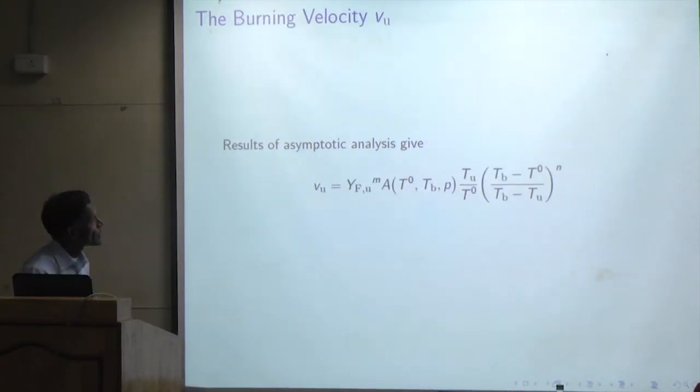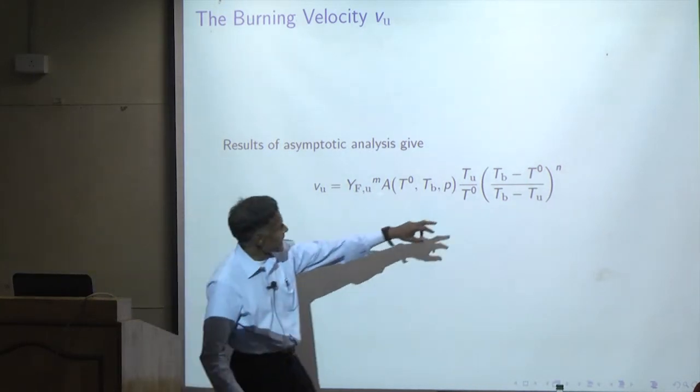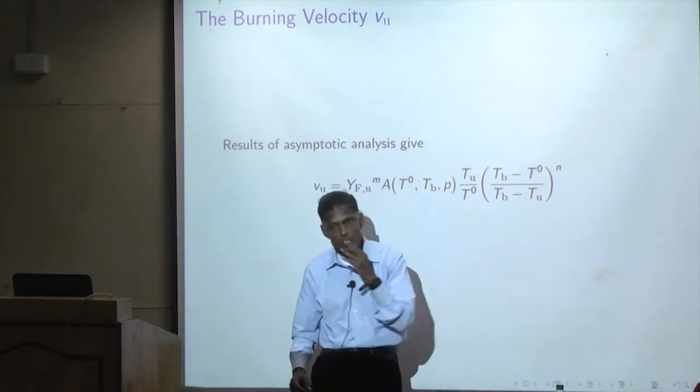Now it turns out that if you do all the asymptotic analysis, the burning velocity takes a very simple form. It's given by this expression. Here you can see that this is the interesting grouping: the adiabatic temperature minus the crossover temperature.